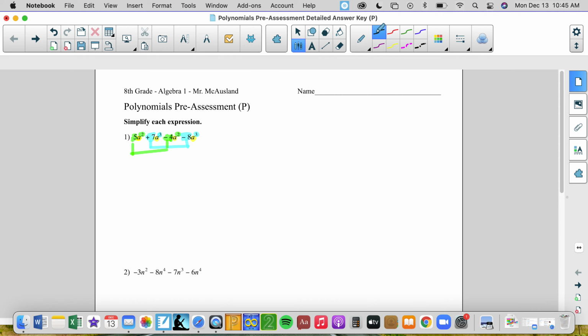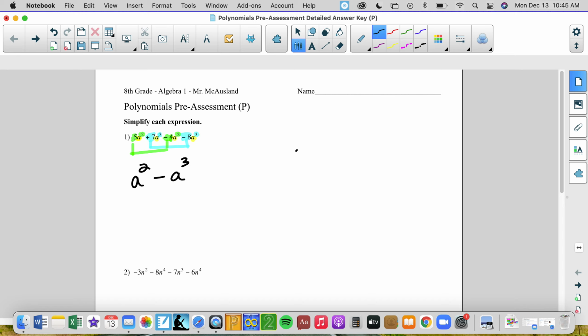We have 5a squared and negative 4a squared, which makes a squared. We have 7a cubed minus 8a cubed, which gives us negative a cubed. Notice I didn't write a negative 1. We just don't write it, and I didn't write a positive 1 here.